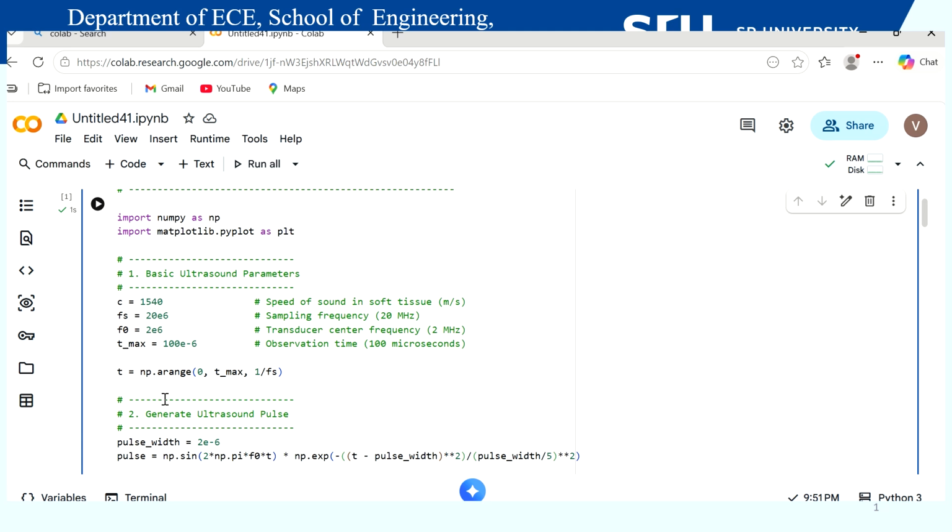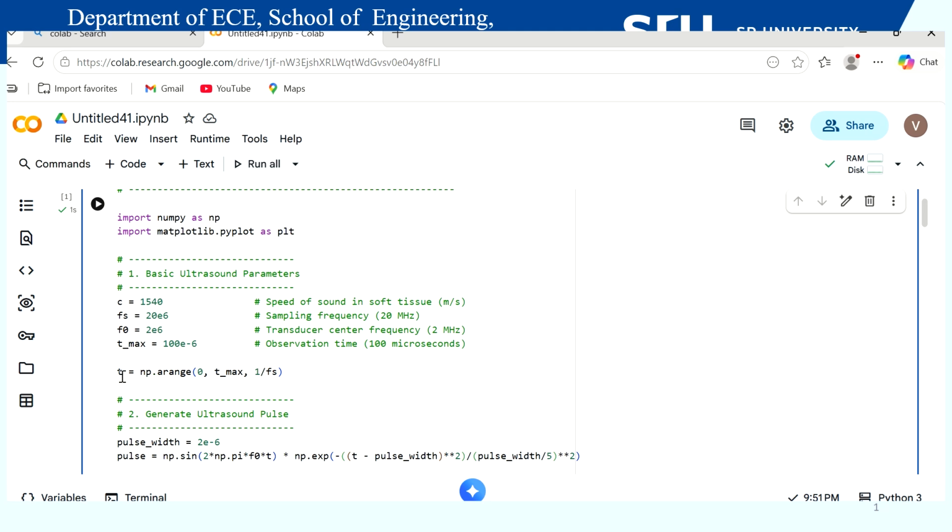And the code is t equal to np.arange(0, Tmax, 1/fs). So this time axis starts from 0 and ends at Tmax.